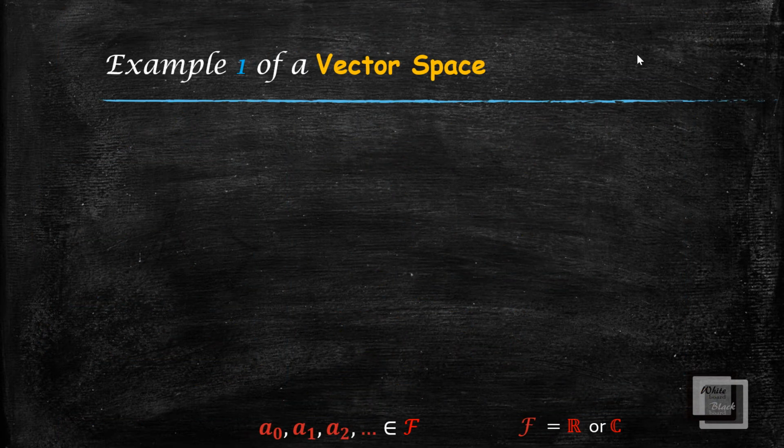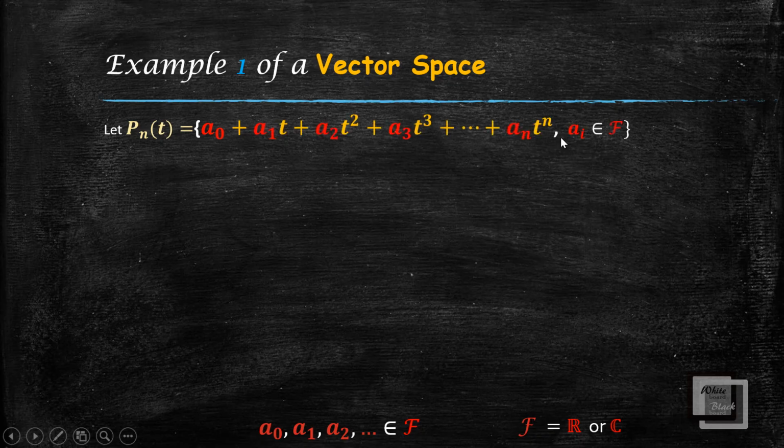For our first example of a vector space, I consider a non-empty set Pn(t) consisting of all the polynomials of degree n or less than n.